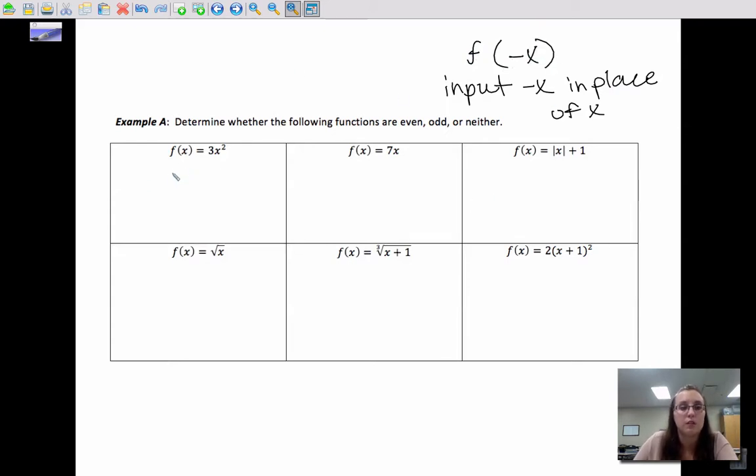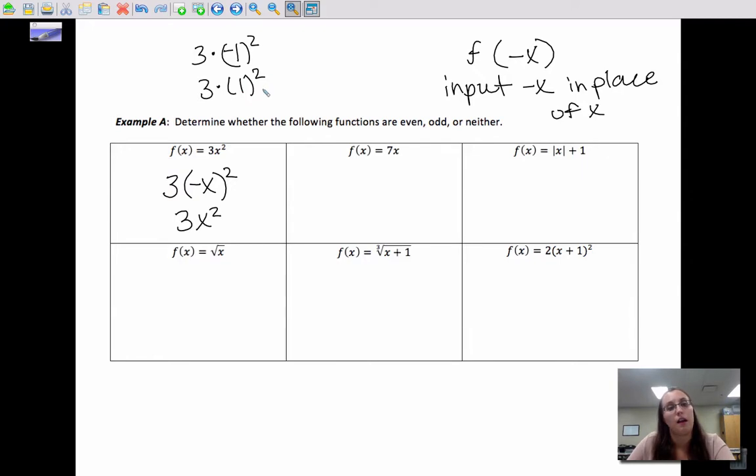So I'm going to look at this first one. We're going to think about 3 times negative x squared. And what I know is that when I square a negative number, it's still going to come out the same as its positive counterpart. So for example, it wouldn't matter if I did 3 times negative 1 squared or 3 times positive 1 squared, or any other positive or negative version of an integer.